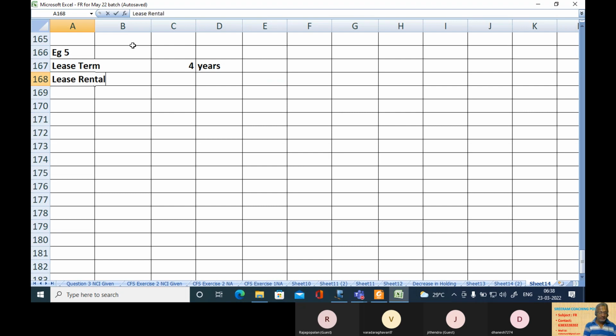Lease rental 50,000. Interest rate implicit in lease is 11%.